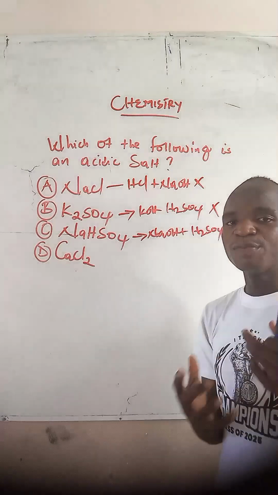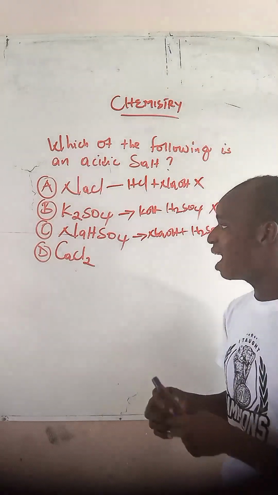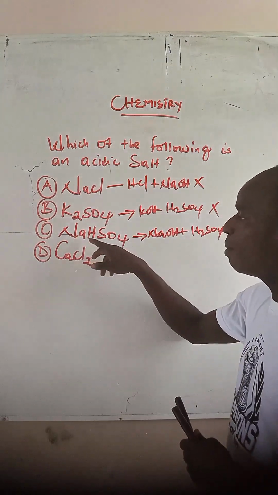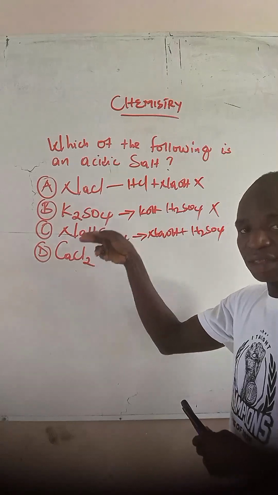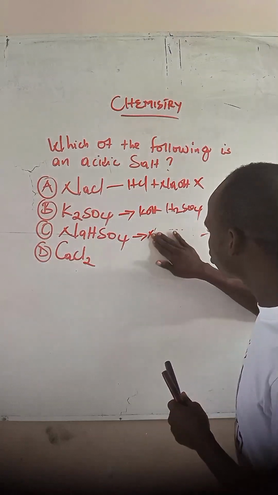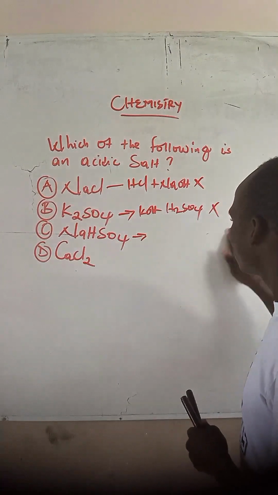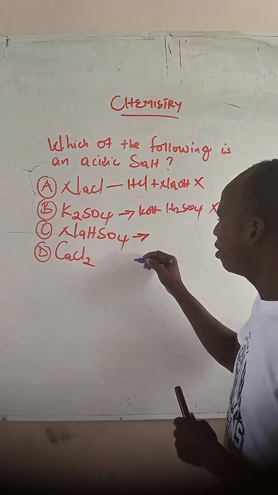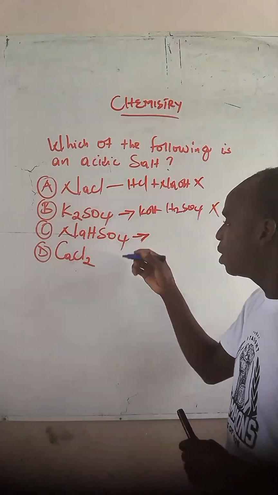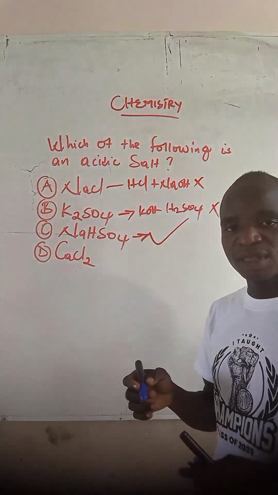And because sodium is replacing just one of the hydrogen ions, it gives us sodium hydrogen tetraoxosulfate VI. It means that this very salt still has features of what? Acidity in it. And because of that, this becomes the answer.